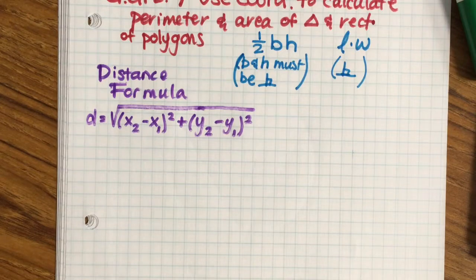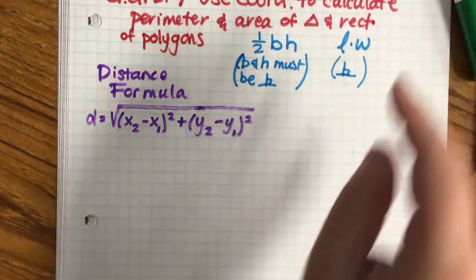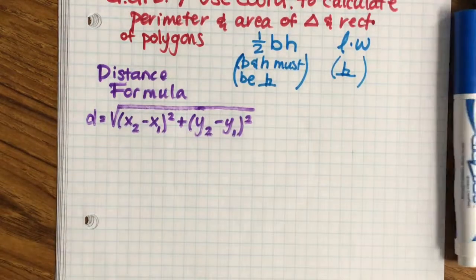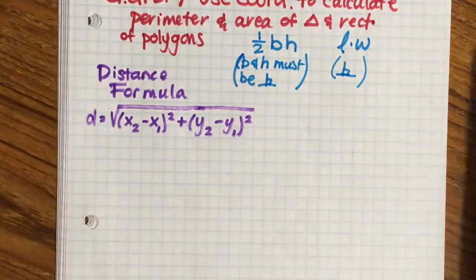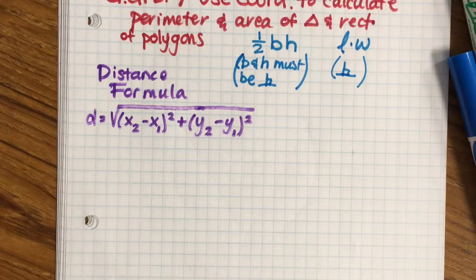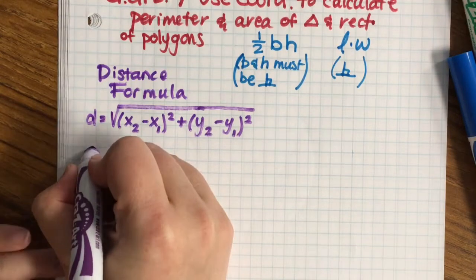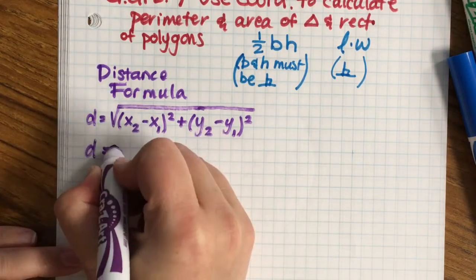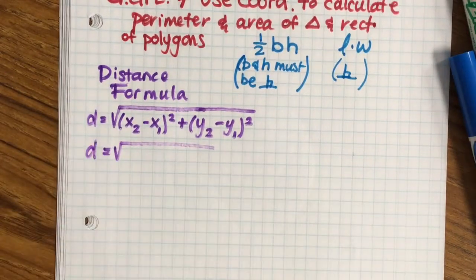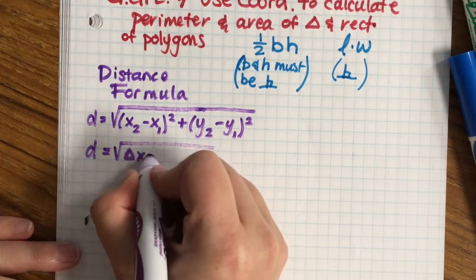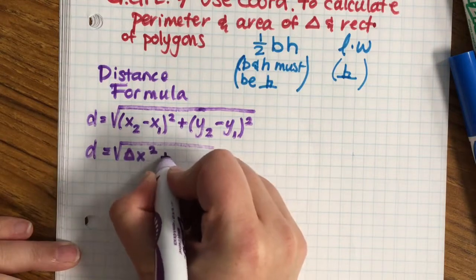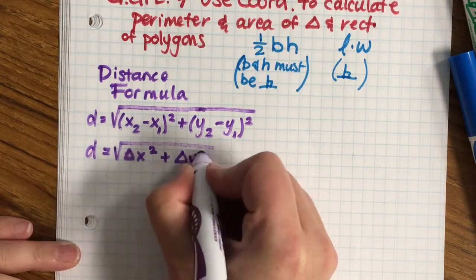It's an awesome formula, but sometimes students, I've noticed, kind of get lost with what that means. So this is my simplified version of the distance formula. The distance is the square root of the change in the x's squared plus the change in the y's squared.